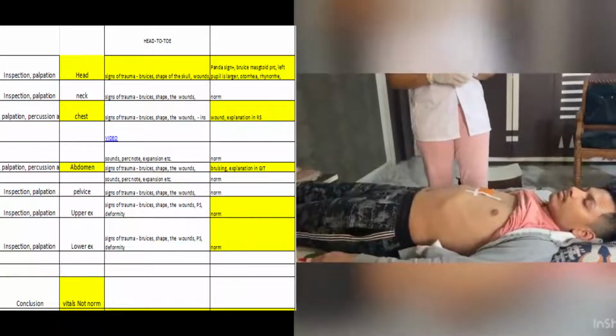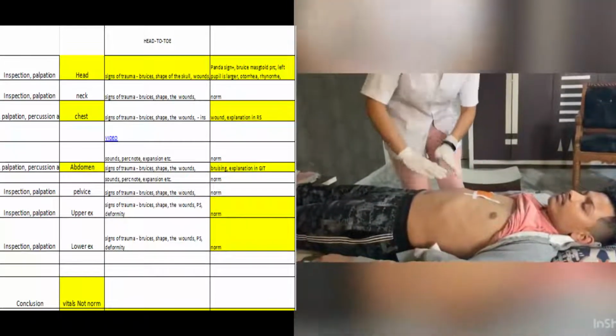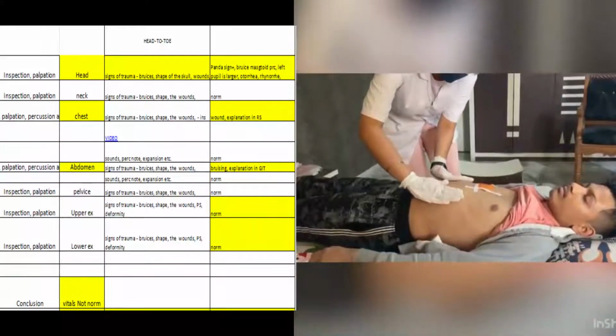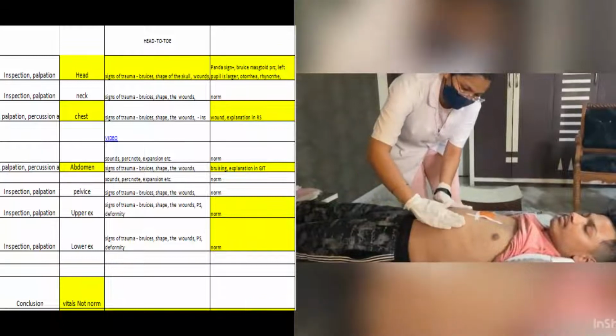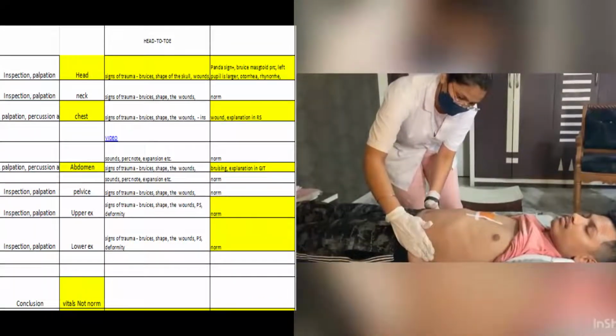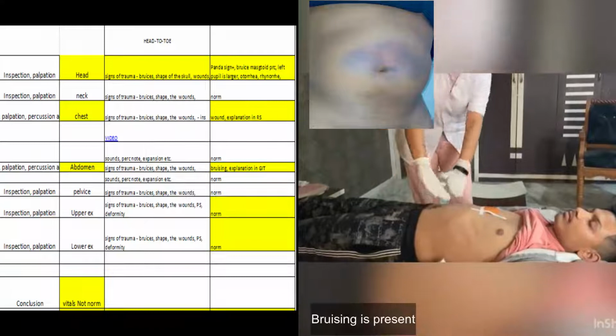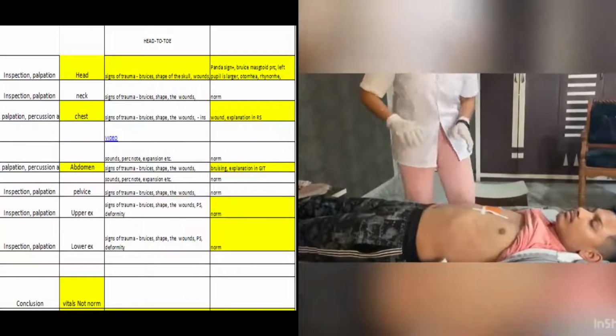Now I am palpating and percussing the abdomen. There is no sign of trauma. Now I am percussing the abdomen.